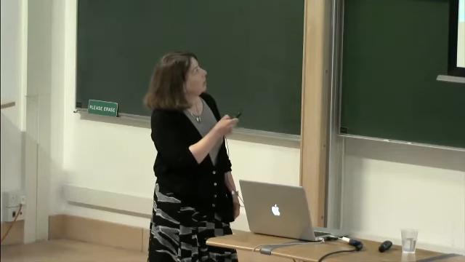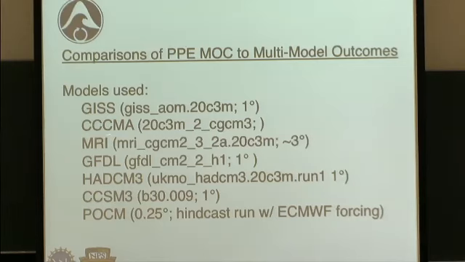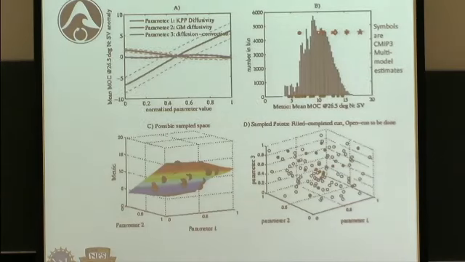So I just looked at several models from the CMIP archive: the GISS model, the Canadian, a Japanese model, NOAA GFDL, the Hadley model, NCAR's model, and then I also calculated the overturning for the POCM at a 1/4 degree resolution. And that's what these stars or symbols up here represent.